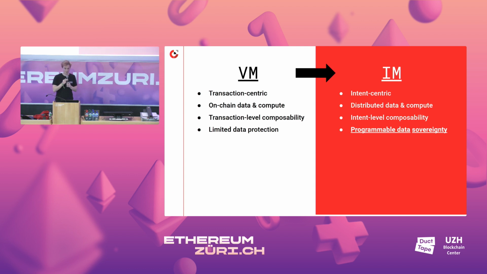And for example, if you still live in the world of intents being just limit orders, A, you're wrong, but B, one of the interesting things here is that you can never be fully private if you want to trade. You at least have to reveal to someone some intention, like, I would like to trade Bitcoin for ETH.